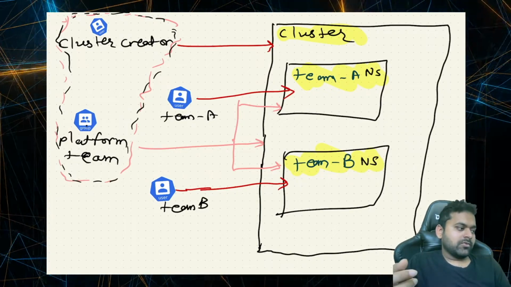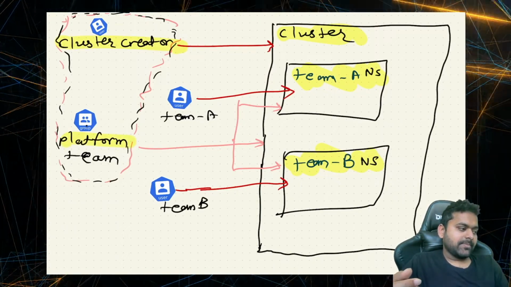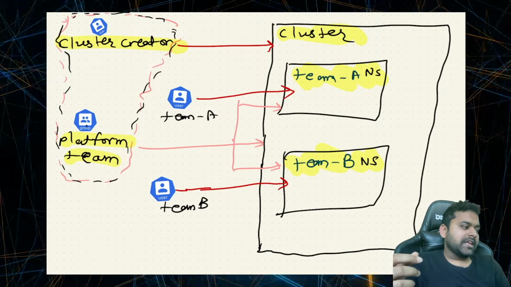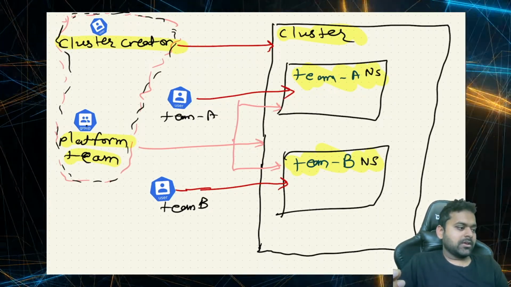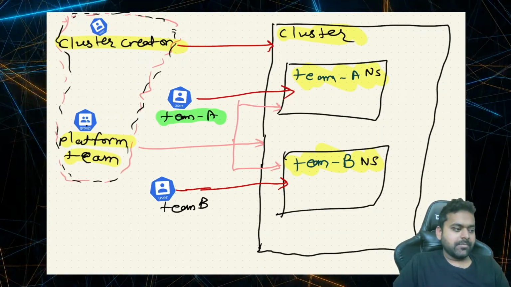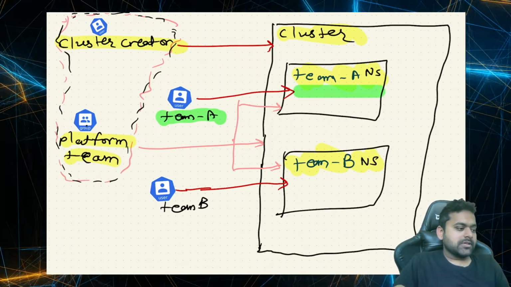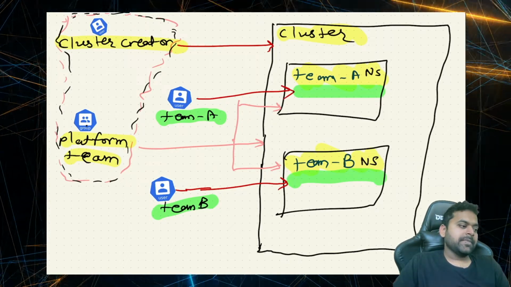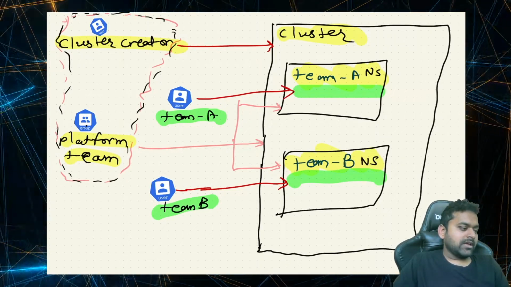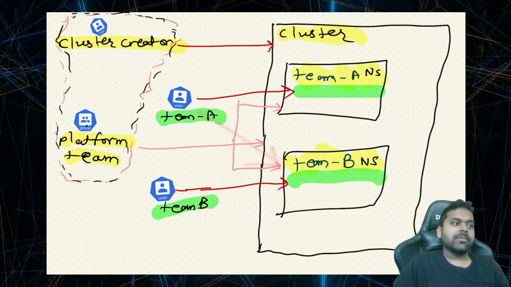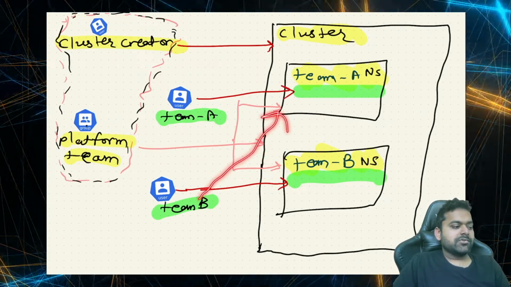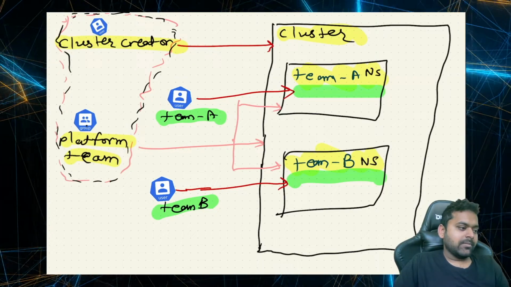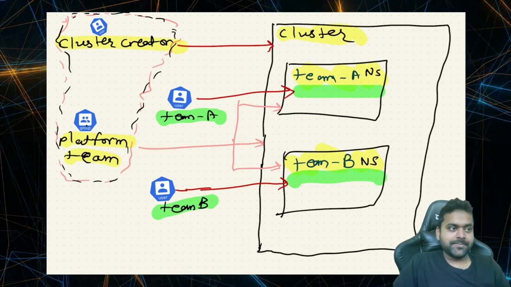Now what I want to do, as a cluster creator who is part of the platform team, is configure it in such a way that a user from team A should only access the team A namespace, and a user with team B credentials should only be able to access team B. Team A shouldn't be able to access team B, and team B shouldn't be able to access team A, whereas the platform team should be able to manage everything in the cluster, right?